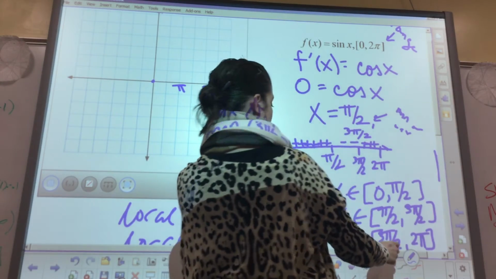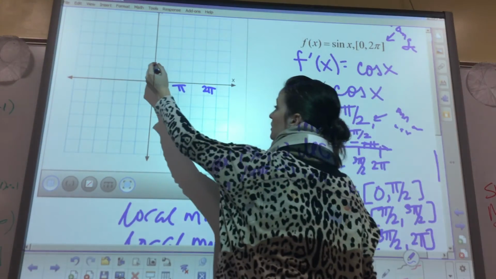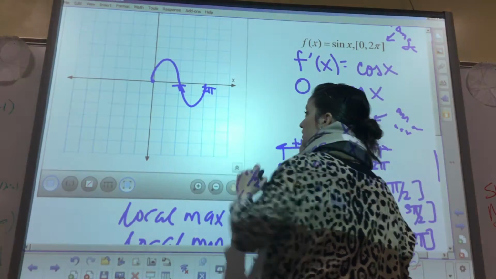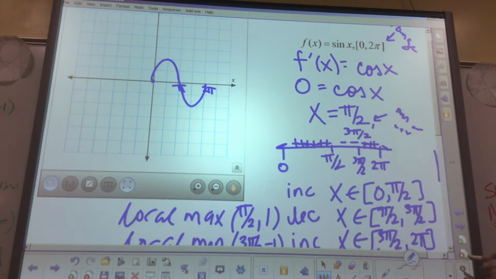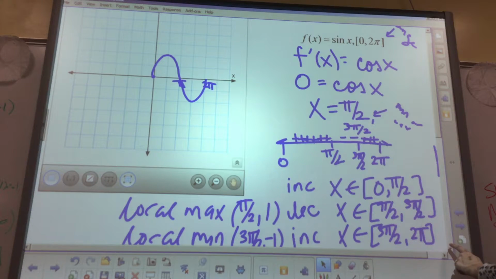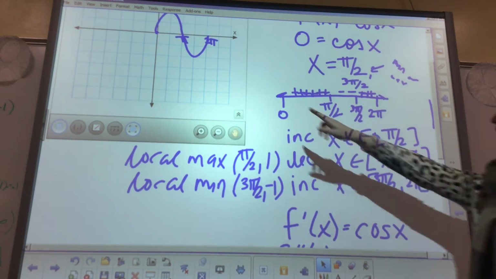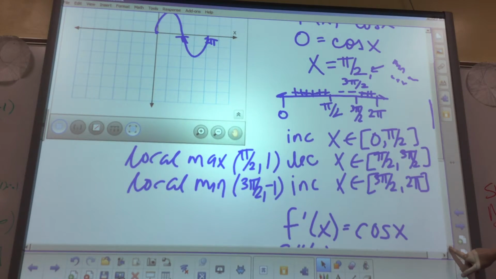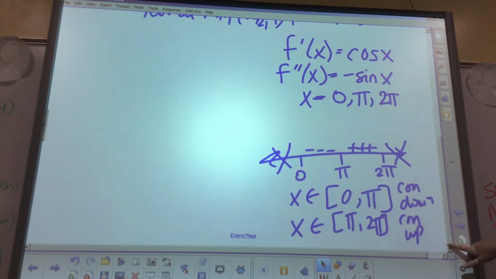So we have our max at pi over 2, a min at 3 pi over 2, and then, how many intervals did we say for concave? Yeah, this is right. So we have 2 intervals. So we have concave down from 0 to pi, and concave up from pi to 2 pi.